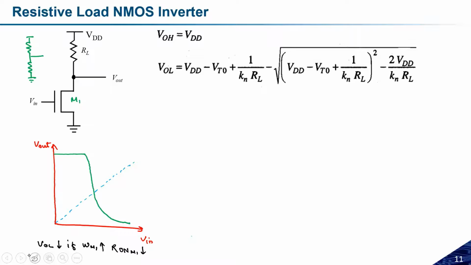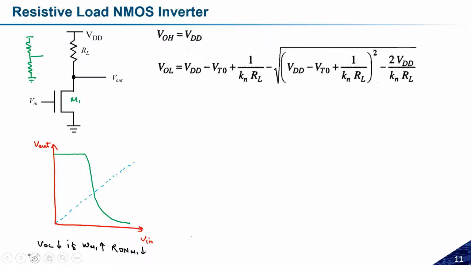In the ideal case, what will happen if the strength of transistor M1 is low, or moderate? In that case, you will get the VOH closer to the VDD.